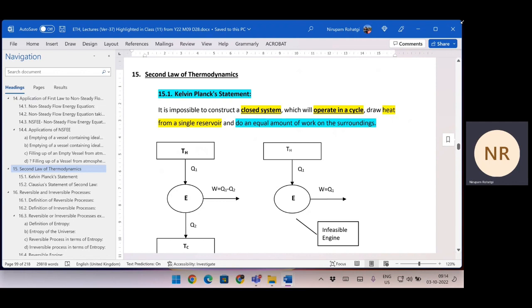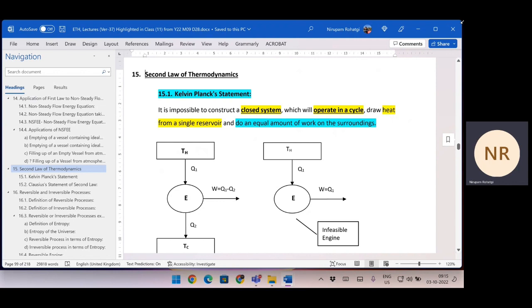That it is impossible to construct a machine which will exchange heat with a single reservoir and do a net amount of positive work. So what it means is, it's not asking you to violate the first law. It's not saying that you are not inputting any energy. You continue to put in some energy into it. You put heat into it.